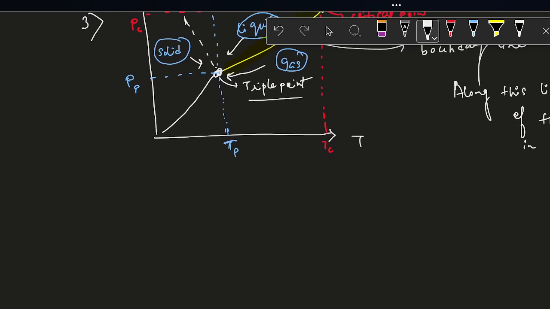The two phases we are concerned about here are only liquid and gas. One is identified by the subscript L with the quantities, and the other is identified with the subscript G.